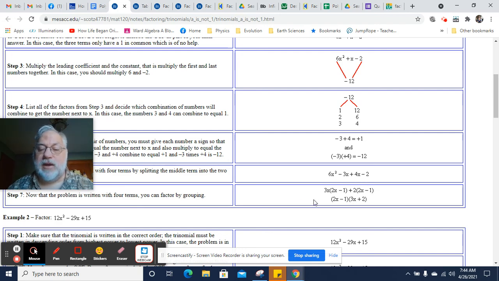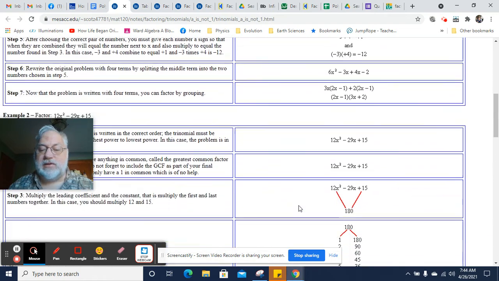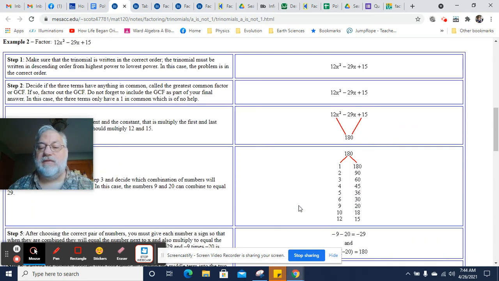And then we factor by grouping. And there are further examples that are more ornery. This is definitely a more ornery one. In this case, this is the approach that's recommended here. You can definitely do that, but I would probably end up breaking 12 into 2 times 2 times 3 and 15 into 3 times 5.